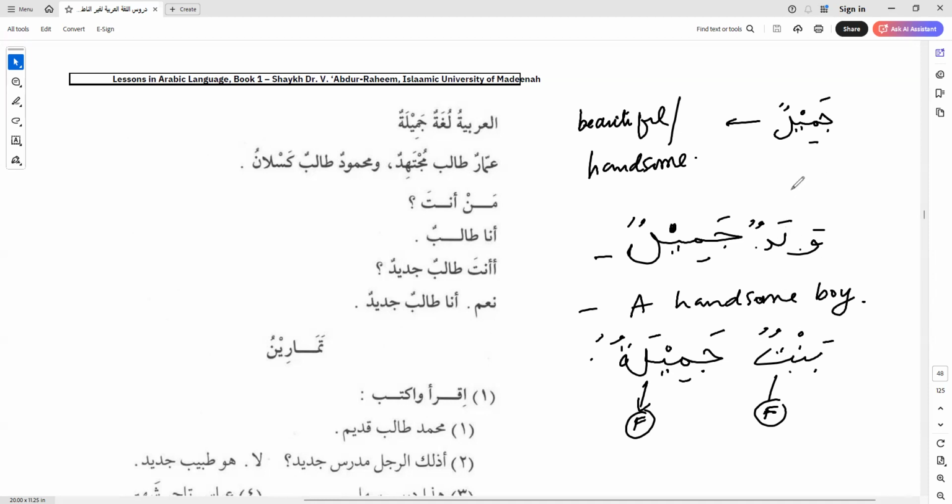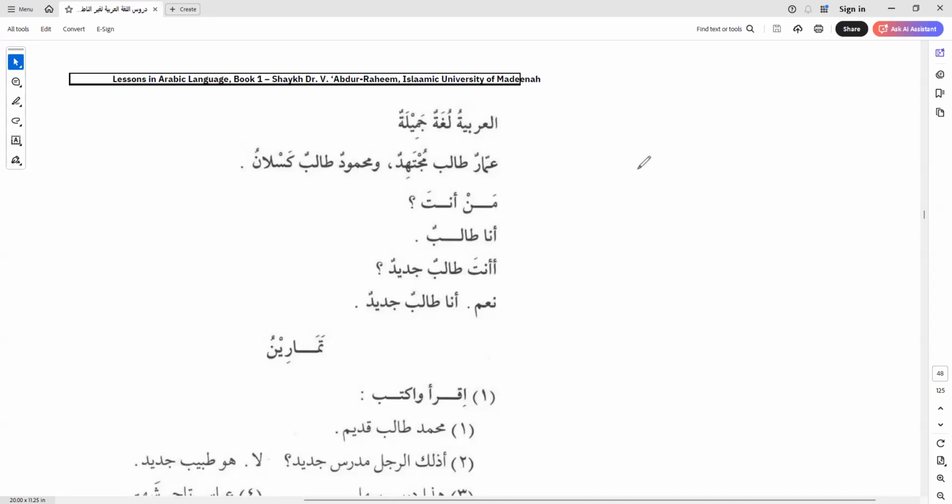But when I say waladun, now it's masculine. So I have to say jamilun. Here my adjective must be masculine. Here my noun is feminine, so therefore my adjective is feminine. Bintun jamilatun. Waladun jamilun. So we say lugatun jamilatun. We don't say lugatun jamilun.